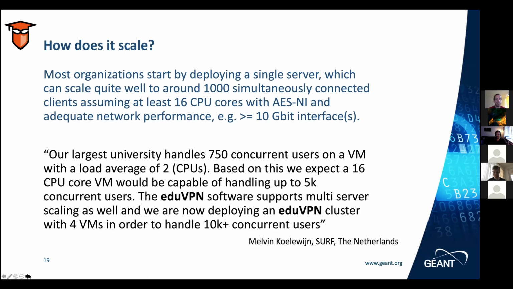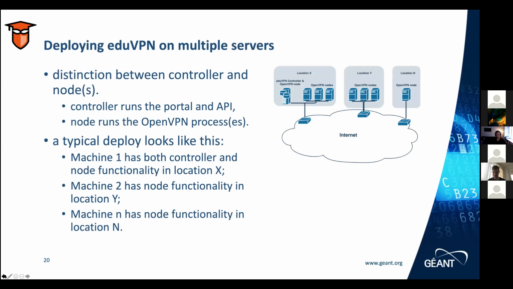I'm François. I'm responsible for developing the eduVPN server and also working on scaling it up to support many concurrent users. One of the most common questions we get, basically always the first question, is how does it scale? How many users does it support? So in order to solve that, we started out quite small in the Netherlands with one virtual machine per organization.